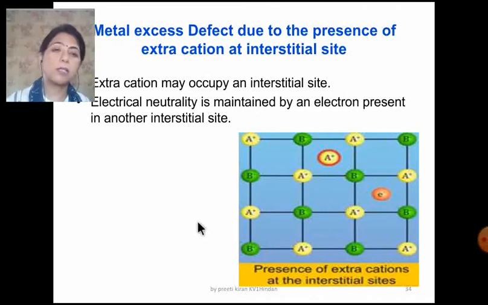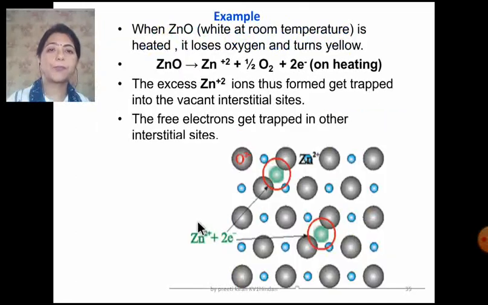Now let's understand this by taking a suitable example. Zinc oxide, which is white at room temperature, when heated loses oxygen and turns yellow.